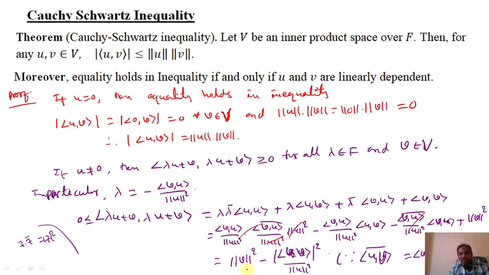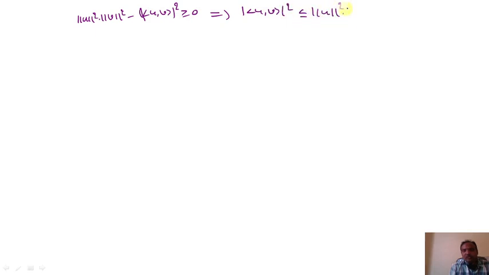Now observe here, multiply this by norm u squared. We will get norm u squared times norm v squared minus |⟨u, v⟩| squared, which is greater than or equal to 0. This implies |⟨u, v⟩| squared is less than or equal to norm u squared times norm v squared. But these are all positive terms, since all are non-negative.